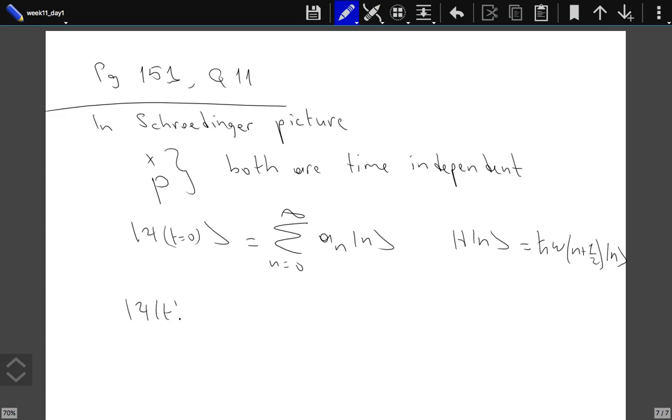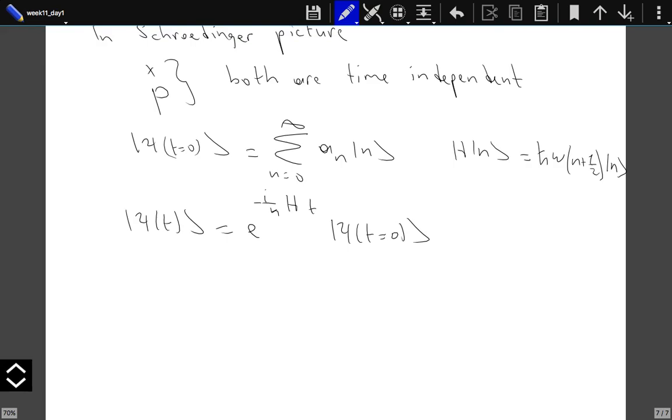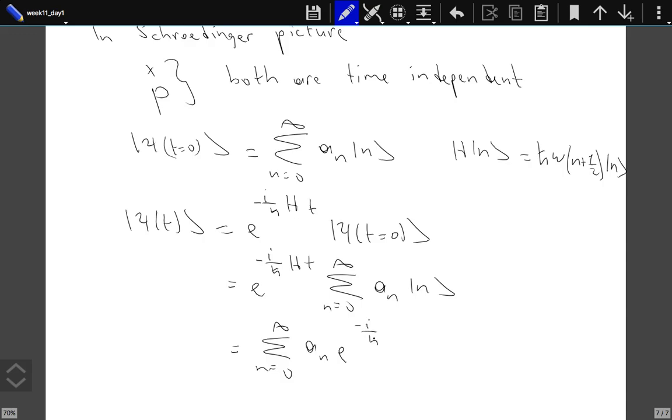So psi at the time t will be equal to e to the power minus i over ħ H t acting on psi at t equal to 0. This will be e to the power minus i over ħ H t times the sum over n of a_n |n>, and that is the sum over n of a_n e to the power minus i over ħ E_n t |n>. And this is how my state will evolve in time in the Schrödinger picture.